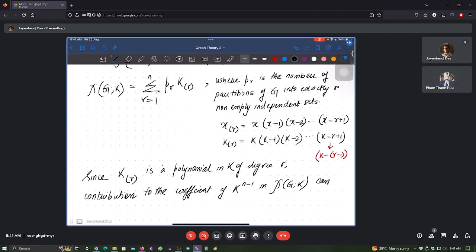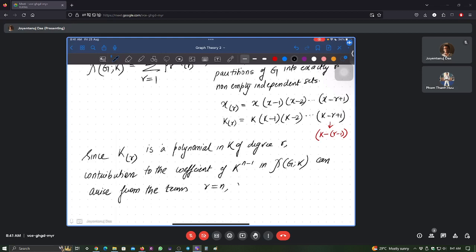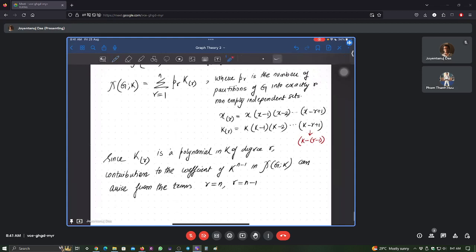It can arise from the terms r equals n and r equals n minus 1. Only these two terms can contribute to the coefficient of k power n minus 1, right? Because the highest degree of k power r is k power r.